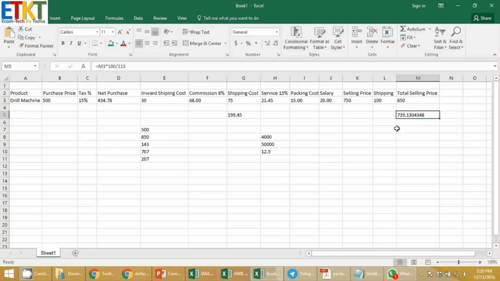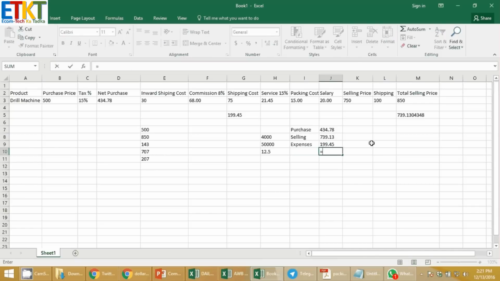Okay, now let's do the calculation again. Now we know that these are the expenses. Okay, this is the purchase and this is the selling price. Now let's do it. 434.78 is your purchase price. Okay, purchase. Selling is 739.13. Okay, expenses all included 199.45. Okay, now this minus this.